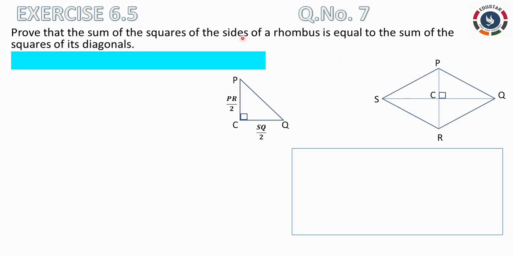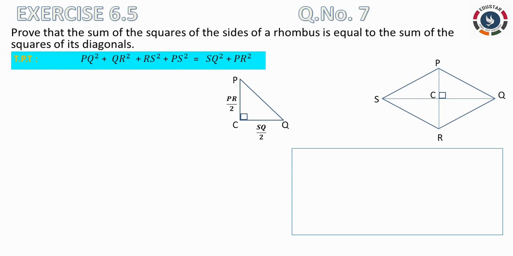Now question number 7 from exercise 6.5. Prove that the sum of the squares of the sides of a rhombus is equal to the sum of the squares of its diagonals. So what do we want to prove? PQ square plus QR square plus RS square plus PS square is equal to SQ square plus PR square.